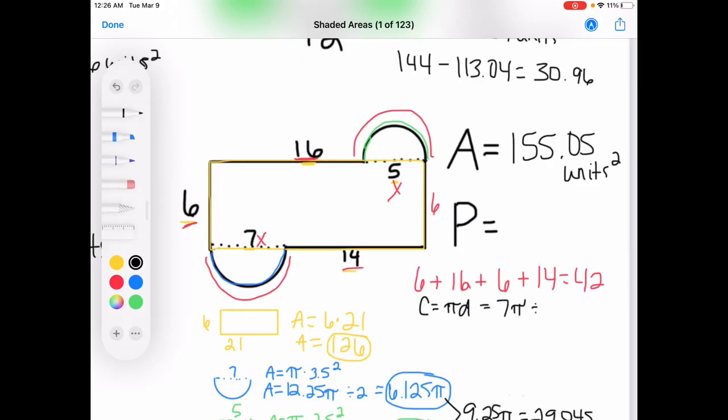And I need to divide that by 2 because it's a semicircle, which would be 3.5 times pi. And 3.5 times 3.14 is 10.99.